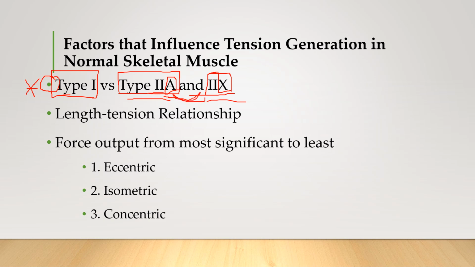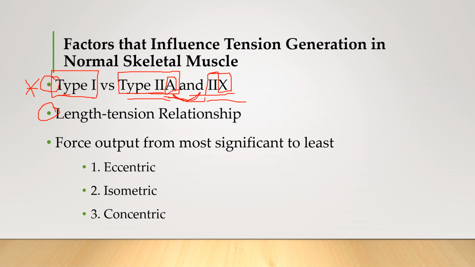Anaerobic power. Something else that we have to really consider too is a length-tension relationship. So we talked about passive insufficiency and active insufficiency earlier on in some of our chapters, and that's really what this is referring to here. So remember, with active insufficiency, if the muscle shortens at both ends, let's just say a 2-joint muscle to start easy here.